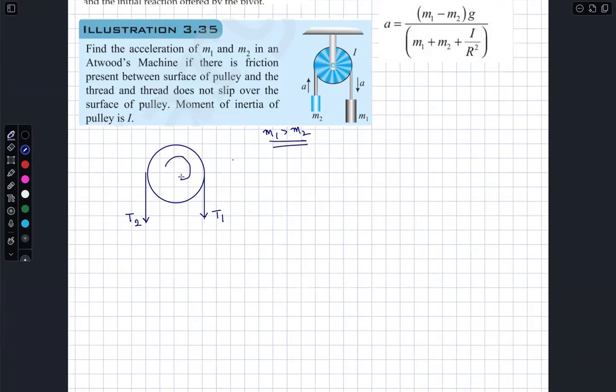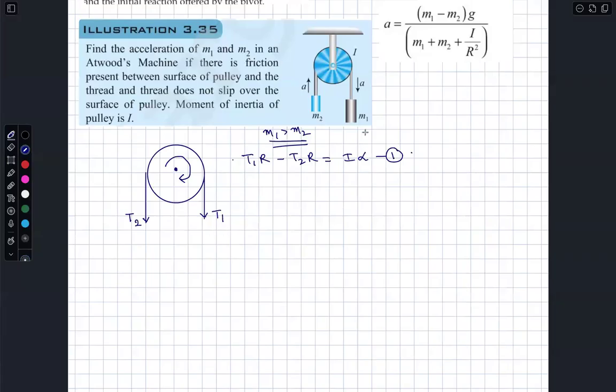In this case, this is how the disk rotates. So T1 into R minus T2 into R is equal to I alpha, equation 1. Next, remember, since the radius is the same either side, a is the same on both sides.